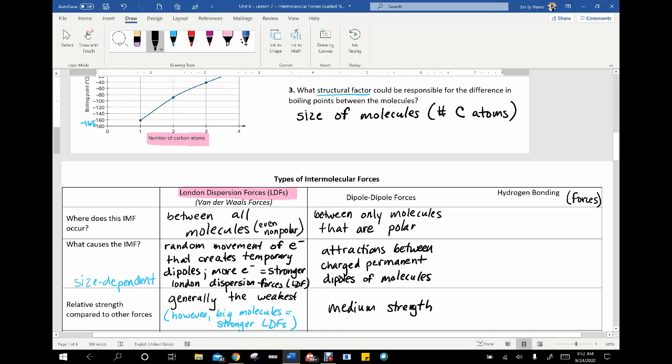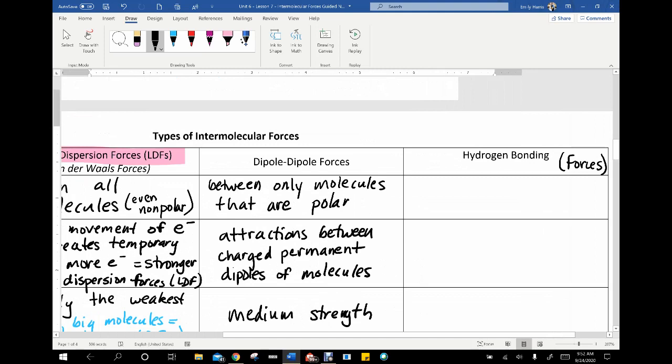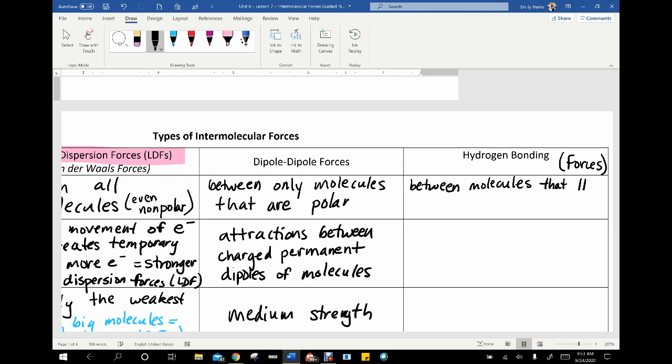And so where hydrogen bonding occurs, zoom in here for you guys, is between molecules that have hydrogen directly bonded to fluorine, oxygen, or nitrogen. So kind of a little acronym, FON. So it's FON to hydrogen bond. If that helps you remember it, by all means, have at it.